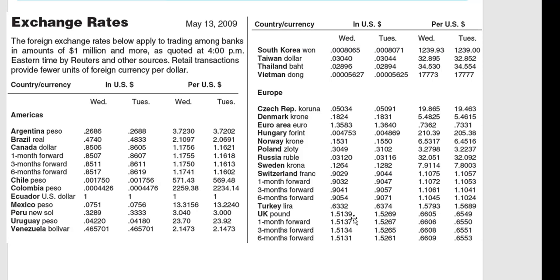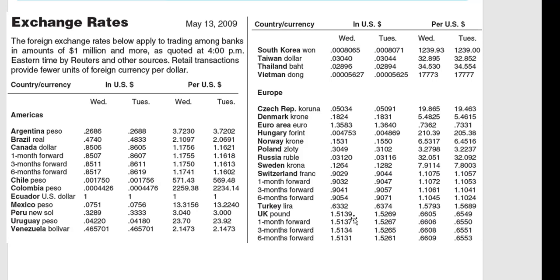It appreciated because you need to give up less of your currency in order to get 1 unit of the foreign currency. Conversely, you could also say that the British pound depreciated. It is synonymous. The British pound depreciating against the dollar is the same as to say that the dollar appreciated against the British pound.